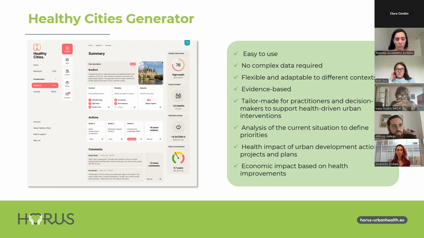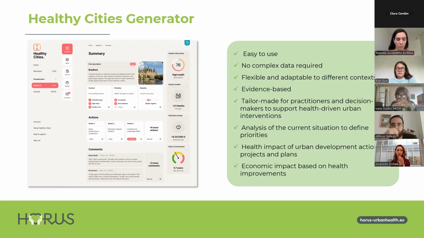And the tools that did offer a slightly wider scope and a more holistic view of both the urban elements that interfere in health and the health outcomes were fairly limited, but also they were fairly complex to use.